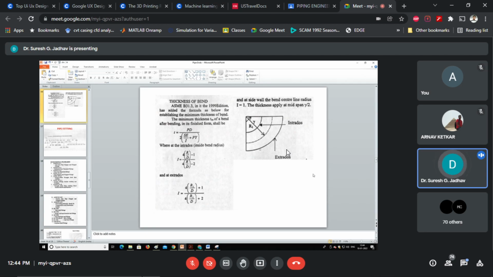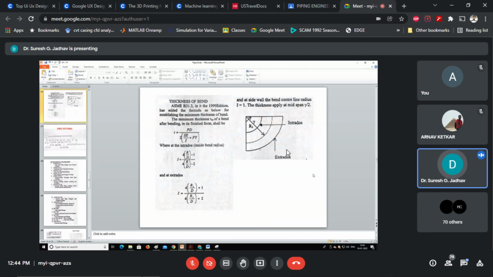Here, with the help of this relation, t equals P into D divided by 2 into bracket SEW divided by I plus P into Y, bracket close.